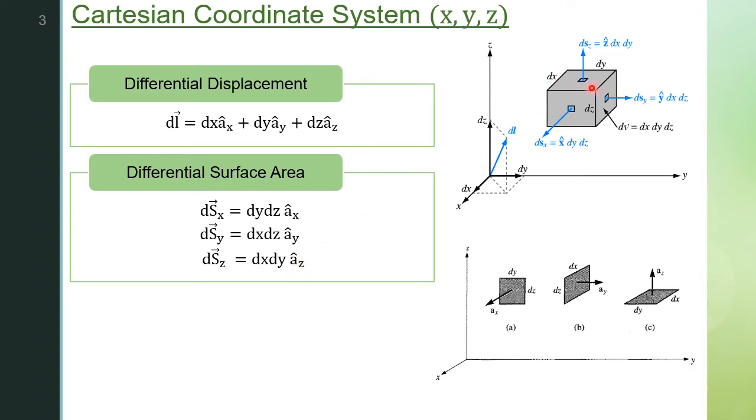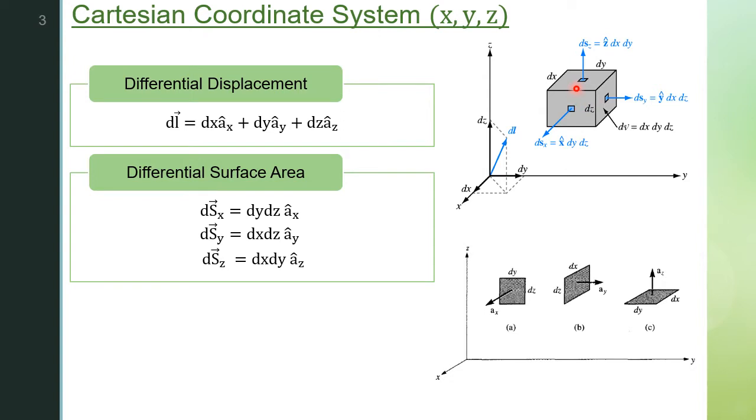Now, if we consider the right face, it has sides dx and dz. The area of this side face is dx into dz, and it is directed out of the rectangular face, in the y direction. So it is dx dz ay cap. When you consider the x direction, this is the front face, with sides dy and dz.